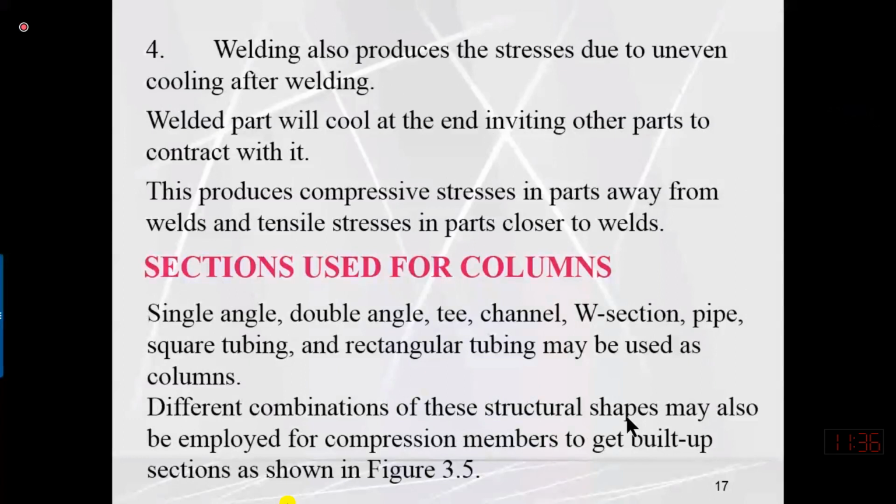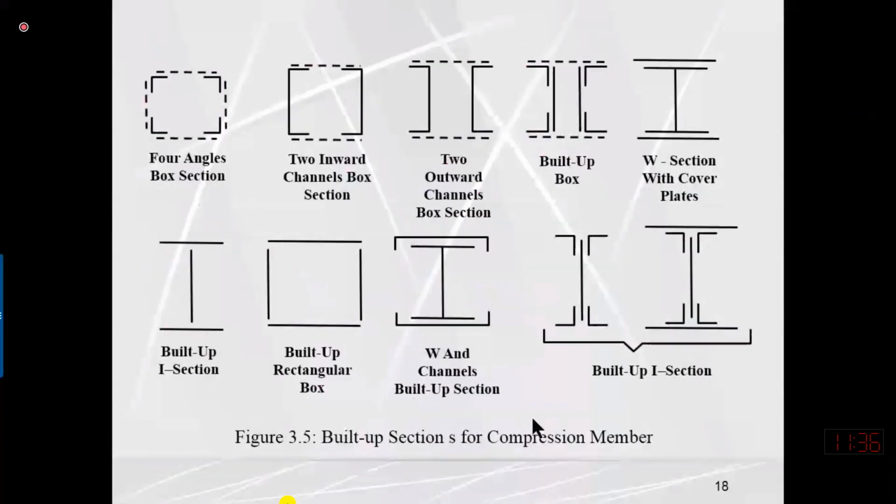Now we will discuss the different types of sections that can be used for the compression member. Normally we use built-up sections for the compression member. We can also use a single section, but normally built-up sections prove to be more economical. Why? Because in a compression member, strength is a function of slenderness ratio.